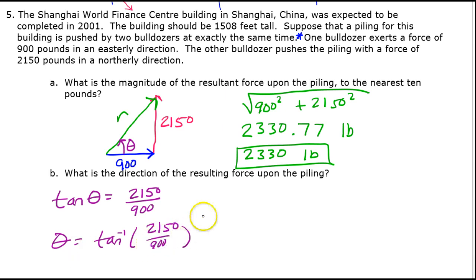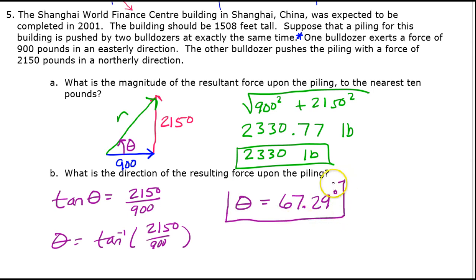I'm just going to put that in my calculator off camera as well. So theta is equal to 67.29 degrees. That's the direction of the force resulting on the pylon. That's it for number 5. That was a lot easier than the previous problem. Hopefully the next problem will be more of a challenge.